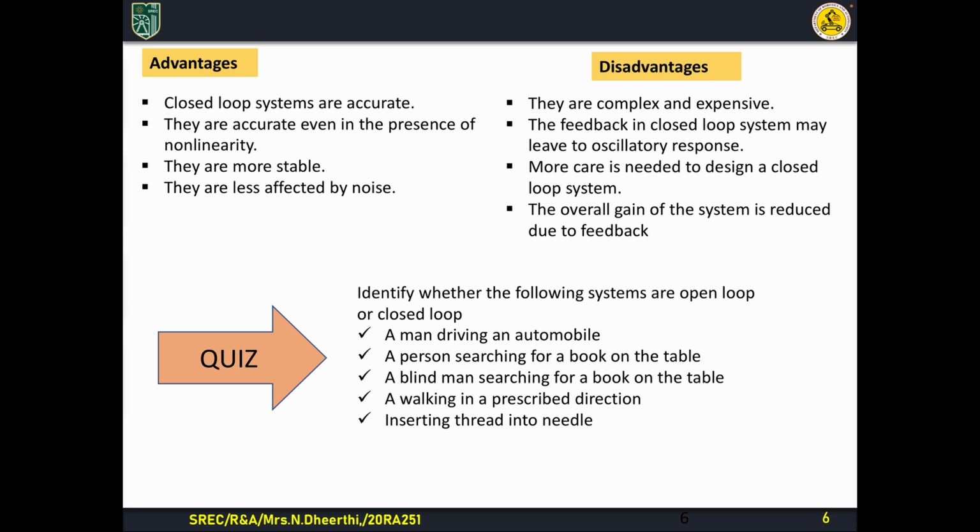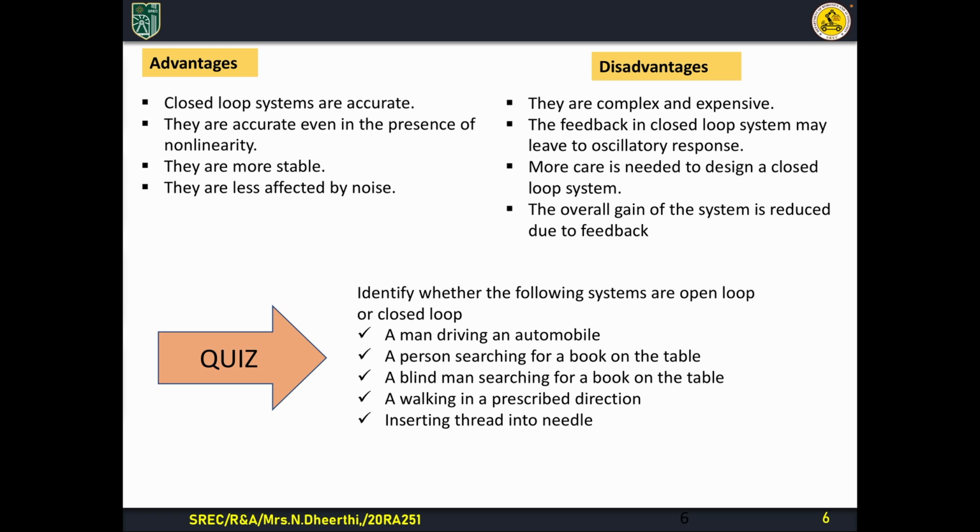It is also more stable; the open loop control system is also stable, but the closed loop control system is more stable, and it is less affected by noise. Since you take feedback, external disturbance and noise are also considered to correct your output. These are the advantages of a closed loop control system.